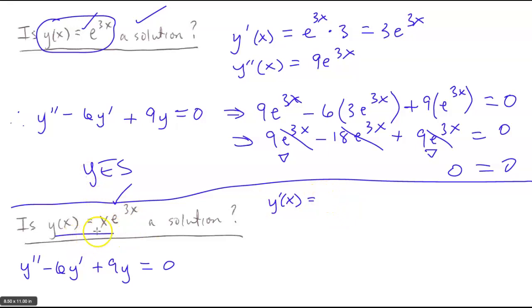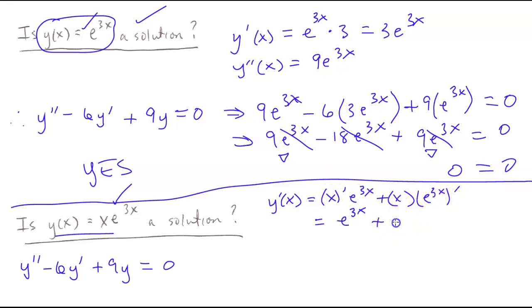So we'll take the derivative of the first, which is just x times e raised to the 3x, plus x times the derivative of the second. The derivative of x is just 1, and 1 times e to the 3x is just e to the 3x.